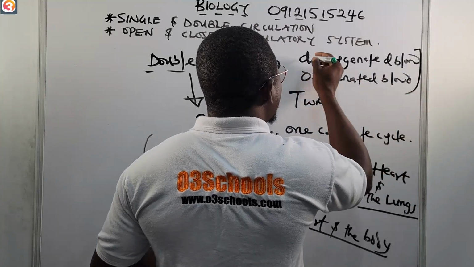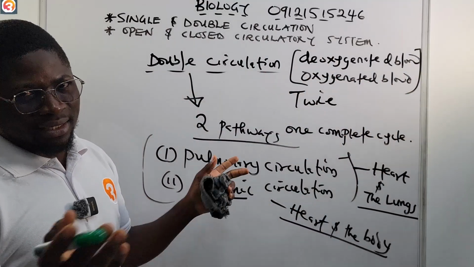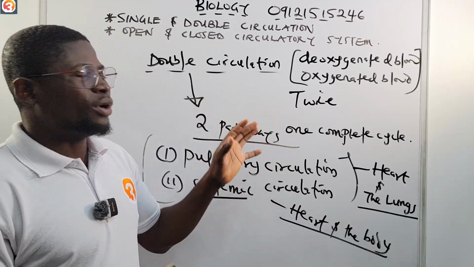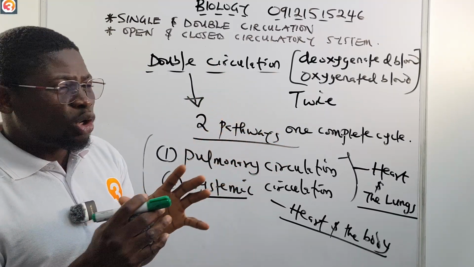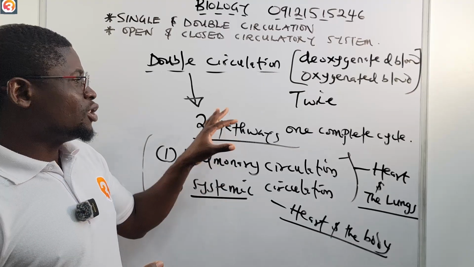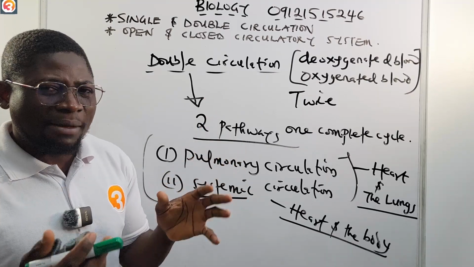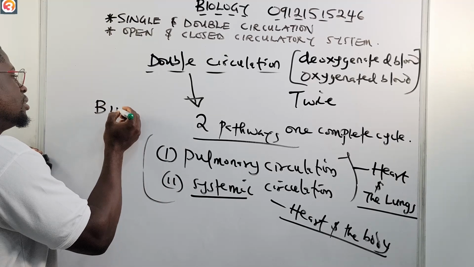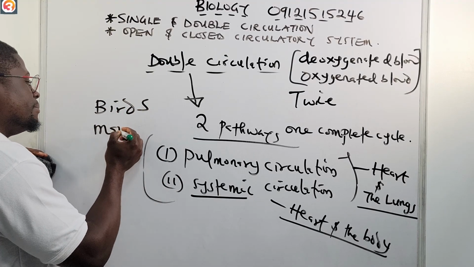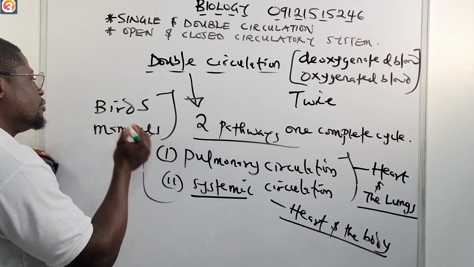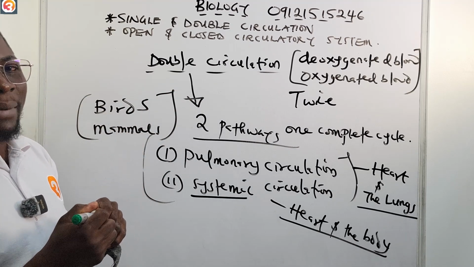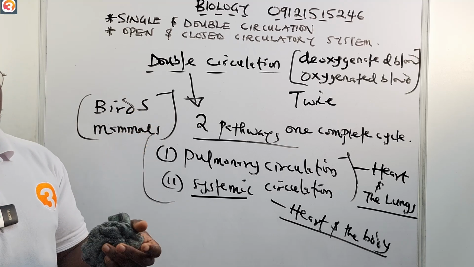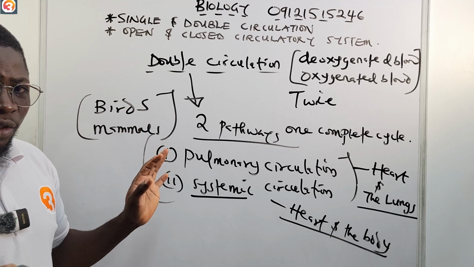They do not mix together. And this double circulation, we find in birds and in mammals. Birds have a four-chambered heart, mammals have a four-chambered heart. So that is where four-chambered hearts are observed.